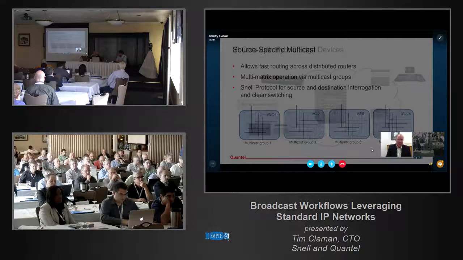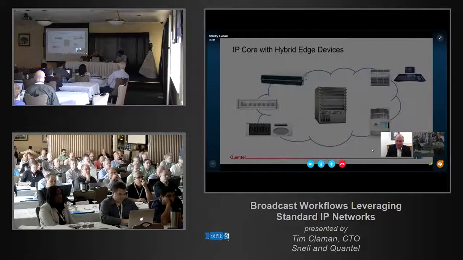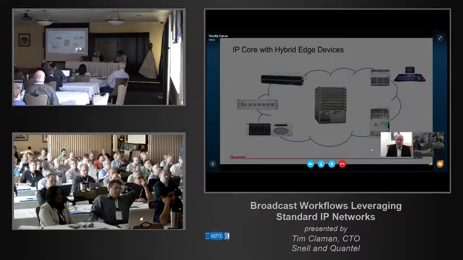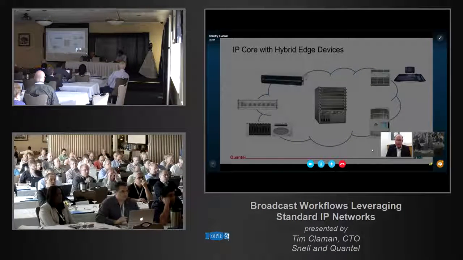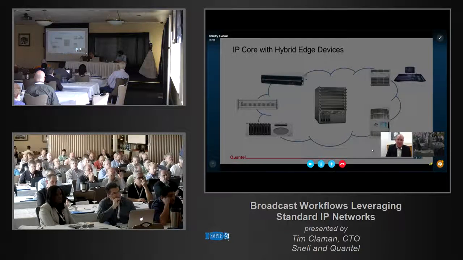All right, so stepping back from the specifics of the technologies, you can start to imagine a hybrid SDI IP topology that gradually evolves around a distributed IP fabric, connecting IP-enabled edge devices. And for those of you who didn't go to NAB last month, you would have seen announcements and product launches from vendors like Snell that fall into roughly 2 categories. The first category being IP-enabled SDI gear.